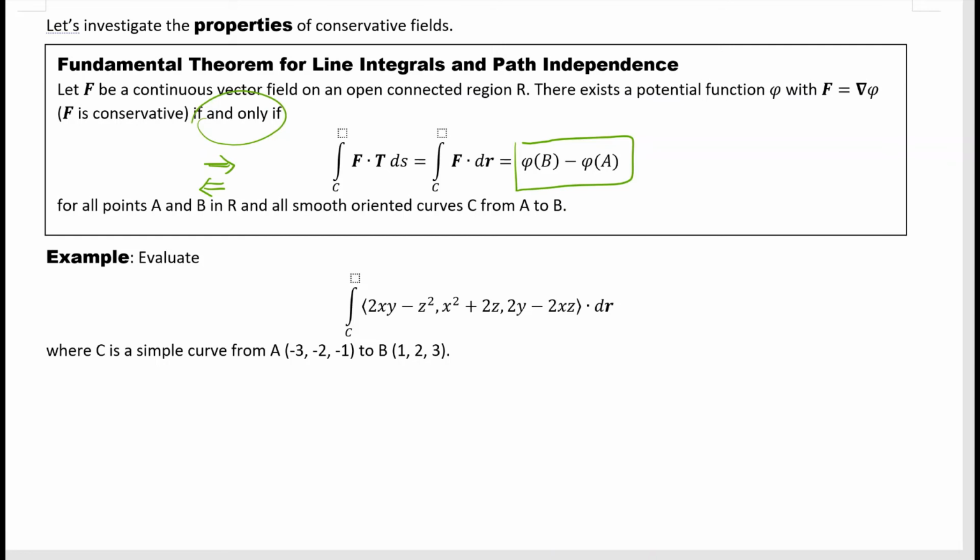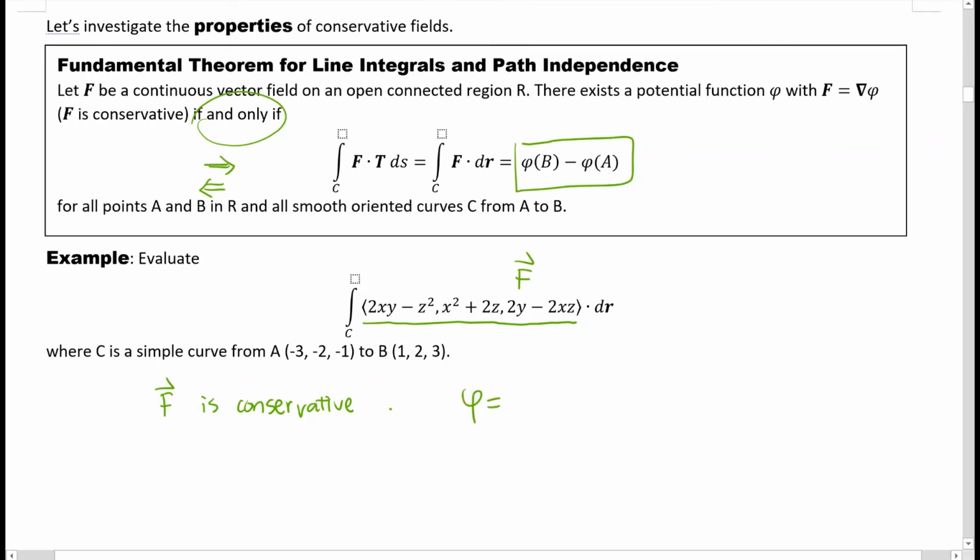Okay, so let's continue to look at the next example. Evaluate the following path integral. This is the vector field F. And last time we already figured out F is conservative, right? So we already know F is conservative, and what is phi?